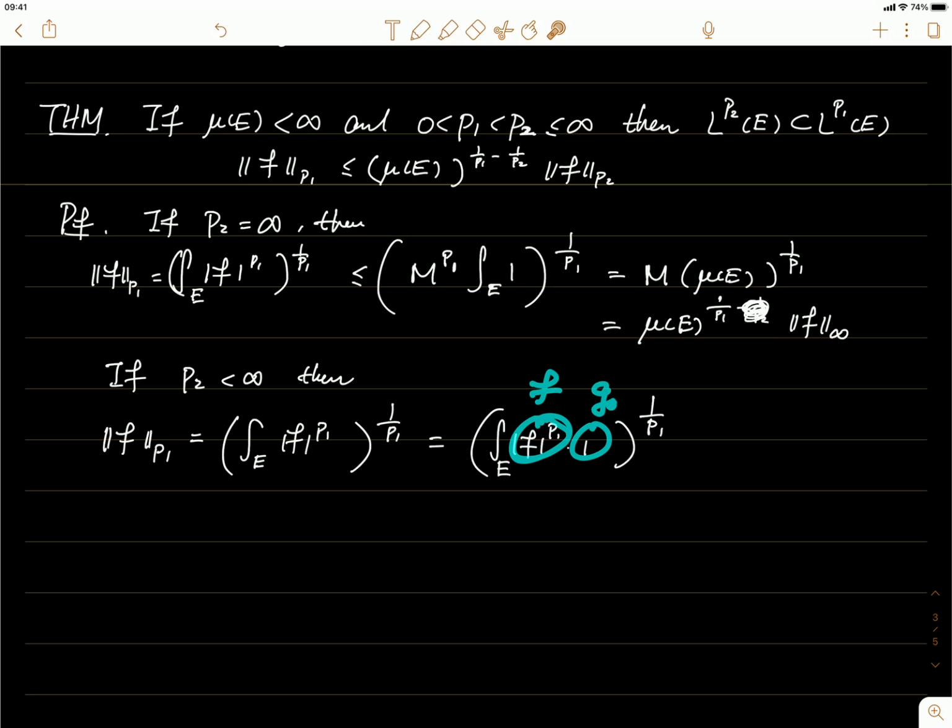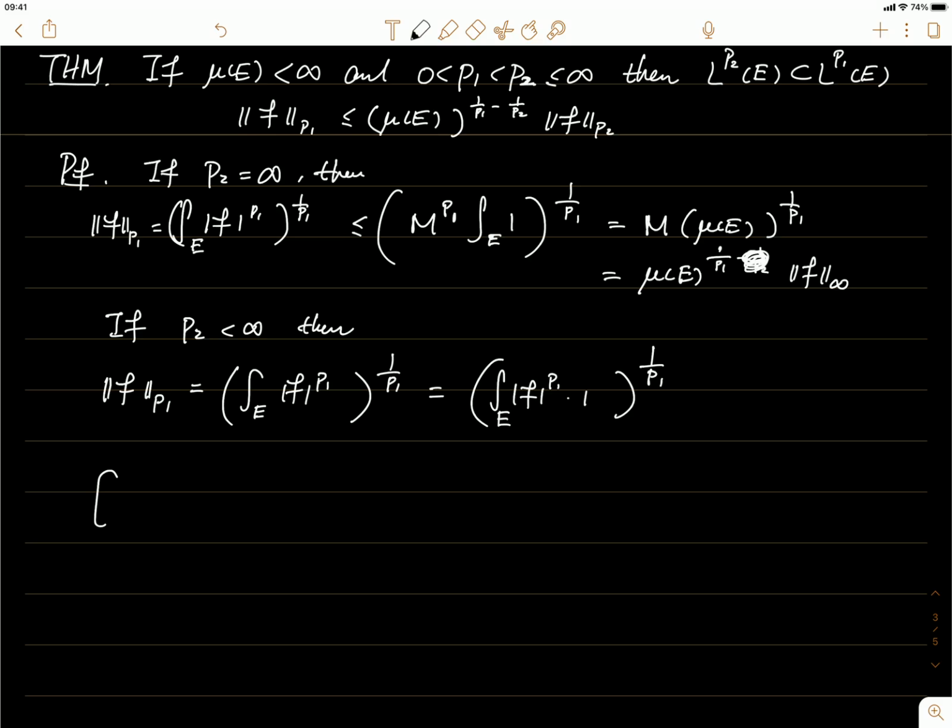And now let's set P to be P2 over P1, which is bigger than 1.